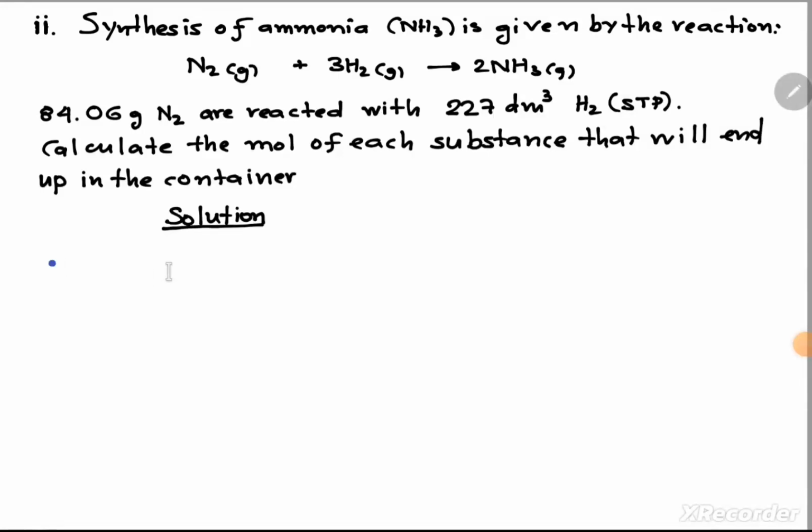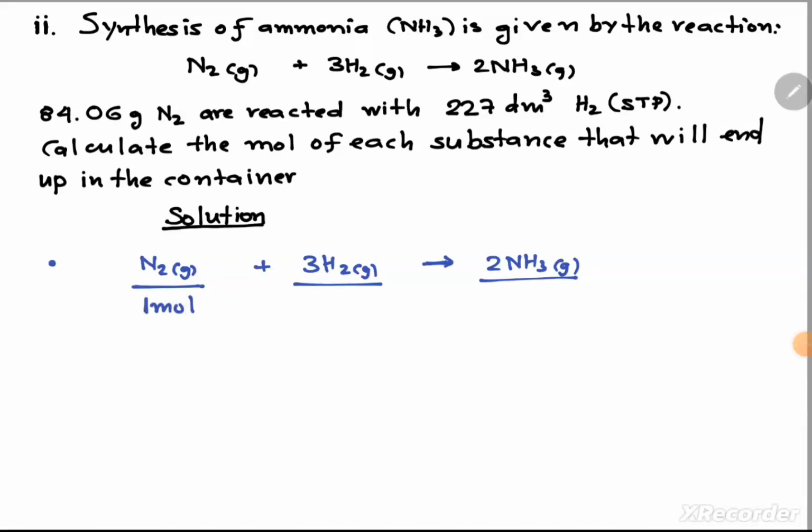First, we have to write the reaction between nitrogen and hydrogen to give ammonia. And we write the mole ratio of interest.